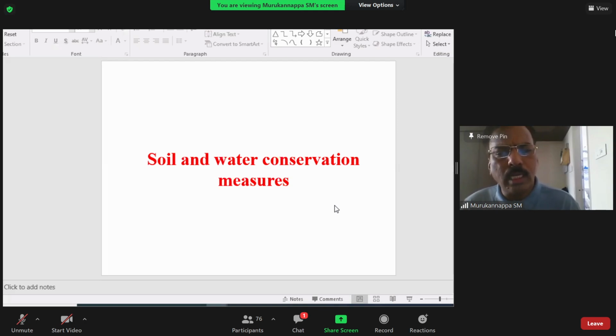If you have taken any catchment area, that catchment area has higher ridge points. That means you have to bifurcate the land by the ridge points.